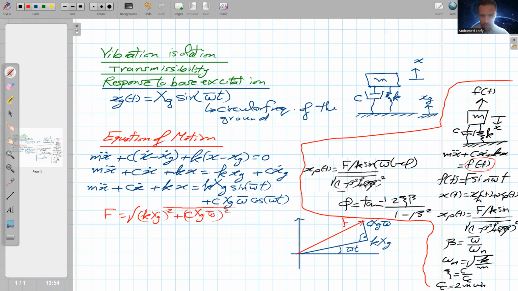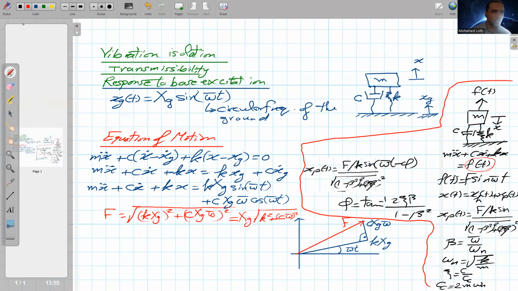We can take xg as a common factor, and since it is squared, we can extract it outside the root. So xg outside, and now I can write the root of k squared plus (c omega bar) all squared.